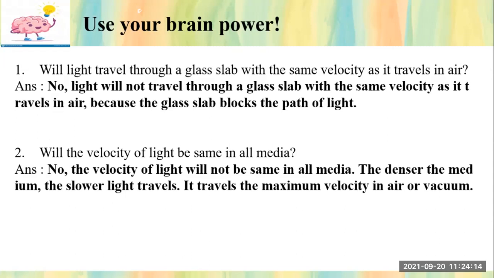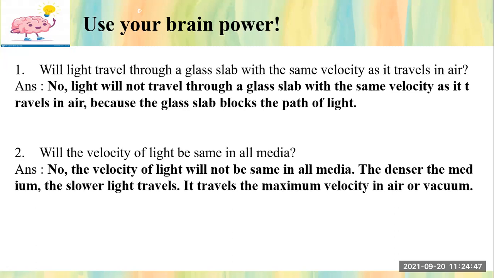Now see, as the medium becomes denser or rarer, if I take two media, that is, air medium and glass medium, what will be the rarer medium here, students? Air will be the rarer medium and glass will be the denser medium. If I take two media as an example, such as air medium and water medium, what will be the denser medium here, students? The denser medium will be water and the rarer medium will be air.